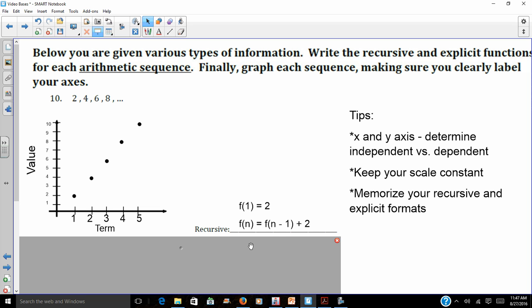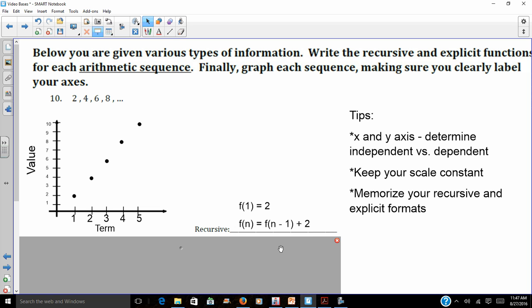For the second part of our recursive function, we have to tell the reader how quickly this particular sequence is growing. Once I have the first term 2, what do I have to do to that first term each time? So this says, for any term n, we have to take the term before it, n minus 1. So look to the left, to the previous term, and the pattern in this case, the common difference, is 2, so we have to add 2 each time.